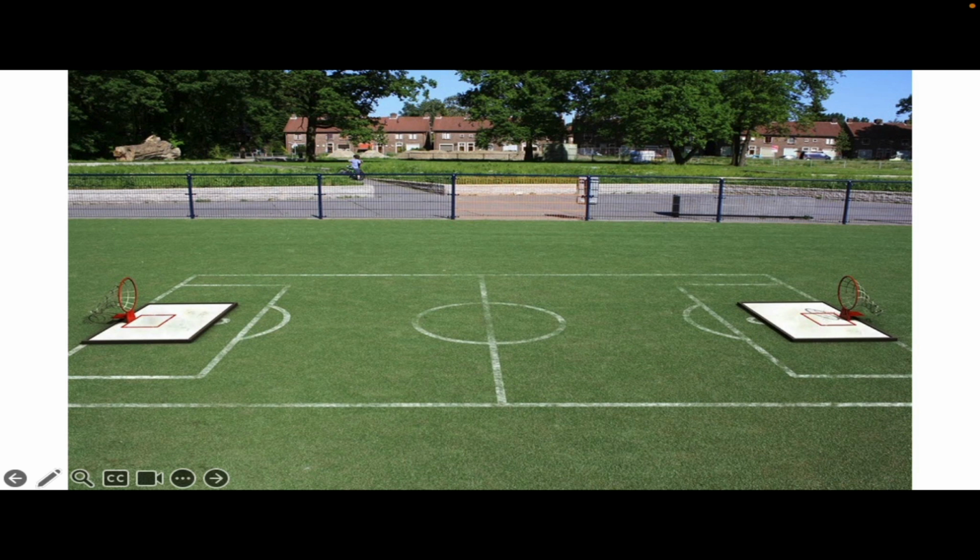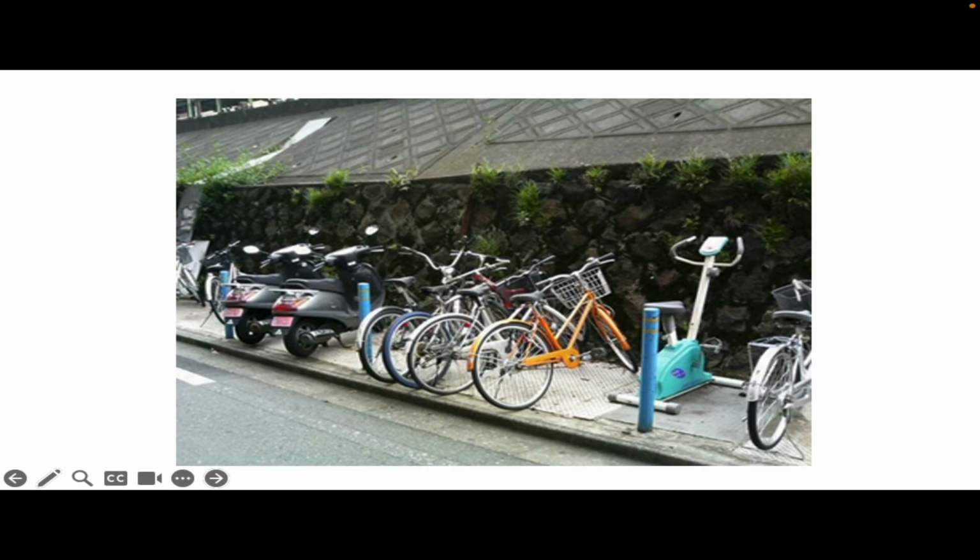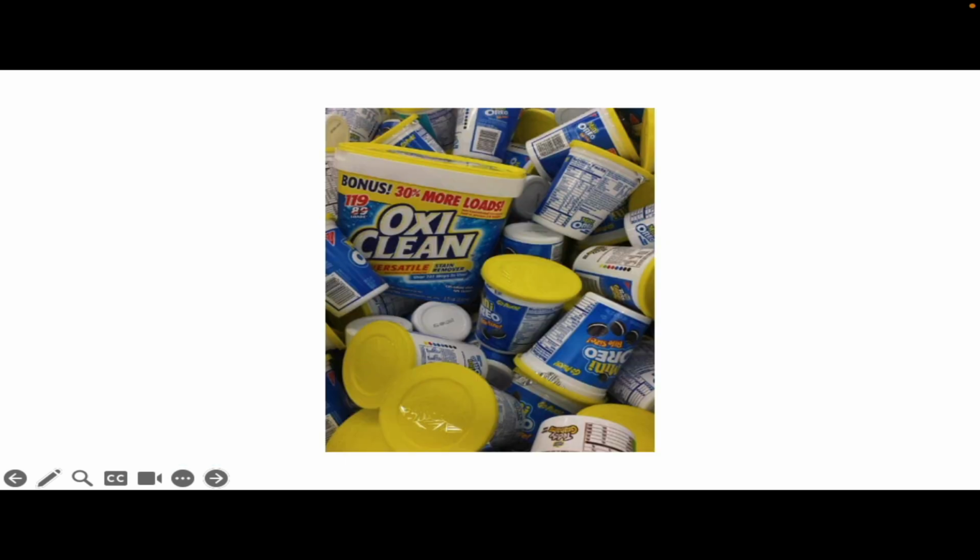The next one is actually real, and I totally respect whoever took this photo. Can you find it? All right, this. Like the exercise bike next to all the other ones. This is just scary. Like that legitimately, it took me a second to be like, oh wait, no, OxyClean, what the heck?